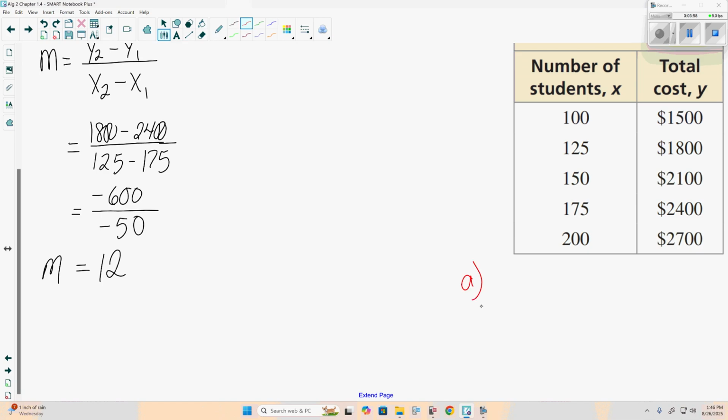Because the first question asks, which charges less per student? Sunview, because Sunview charged how much? Sunview charged $10 per student. Lakeside charged 12. It is cheaper per student.